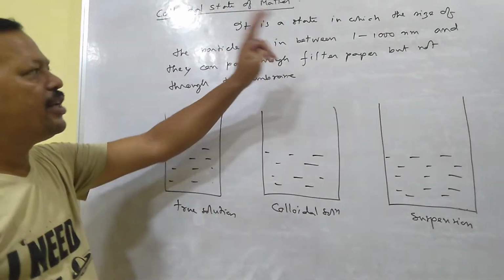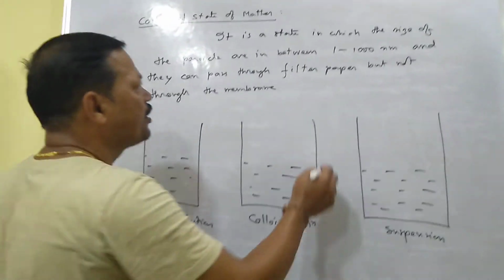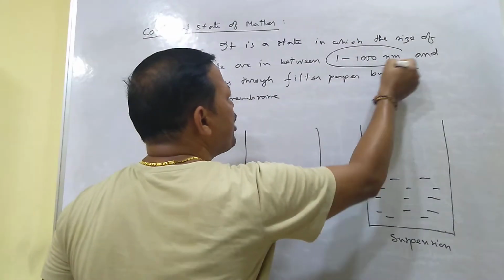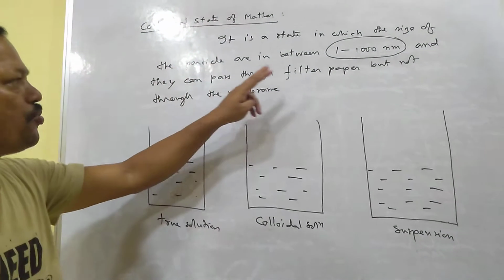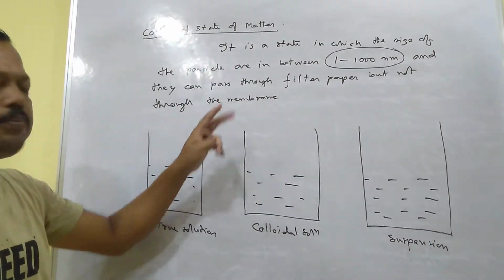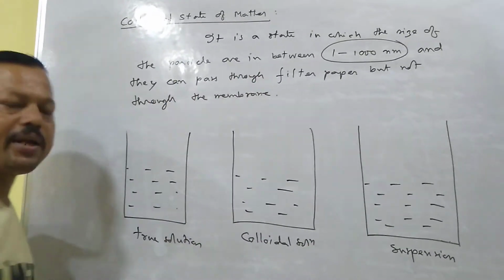This is the size of particle in case of colloidal state, and they cannot pass through the membrane.